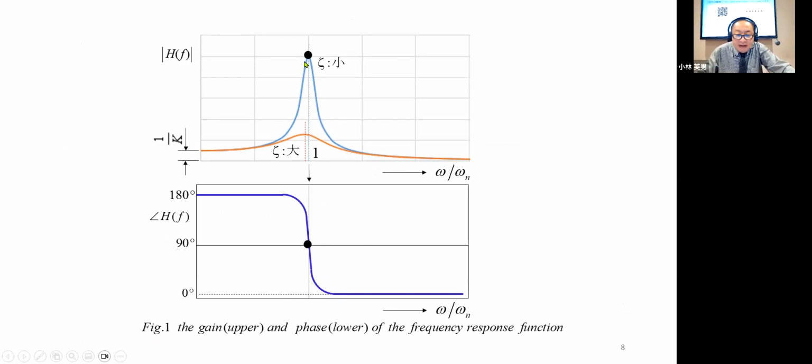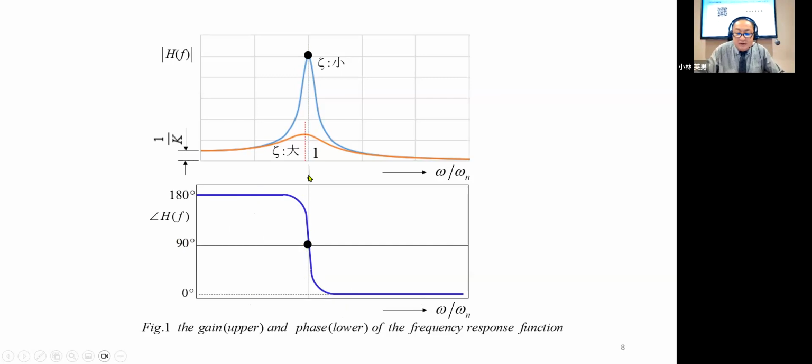Then we see the peak value of the gain, peak frequency, okay? The phase becomes opposite, from 180 degree to 0 degree, okay? In this case, the center value, 90 degree. This curve always comes to 90 degree, like this, okay?